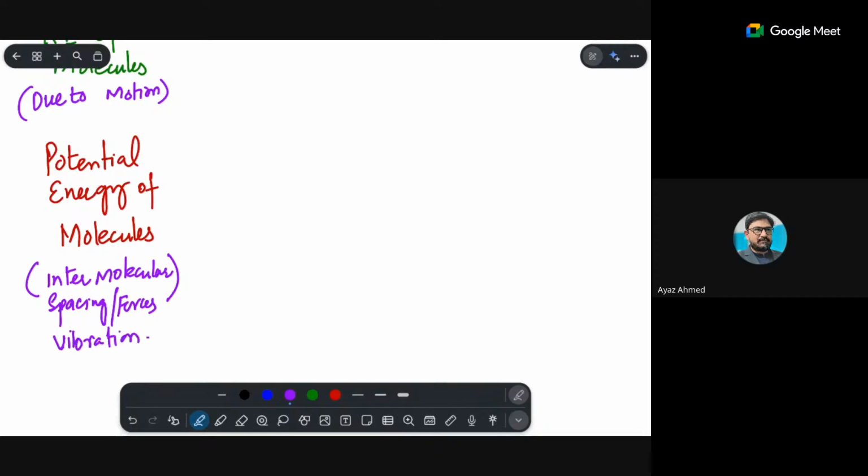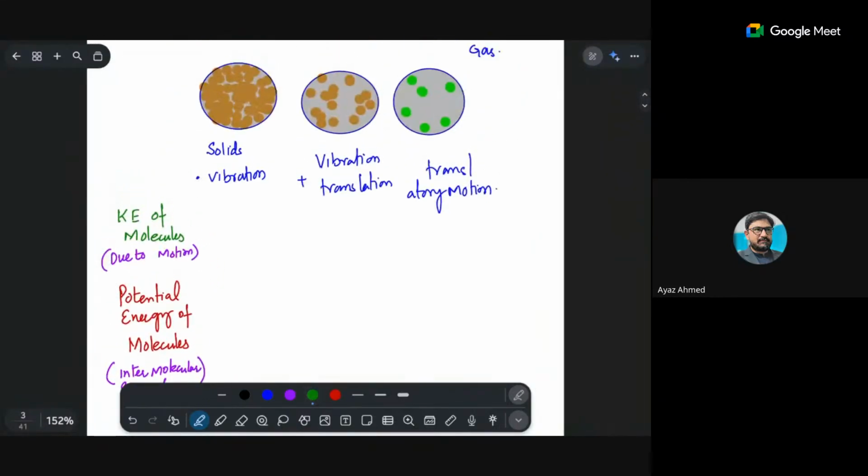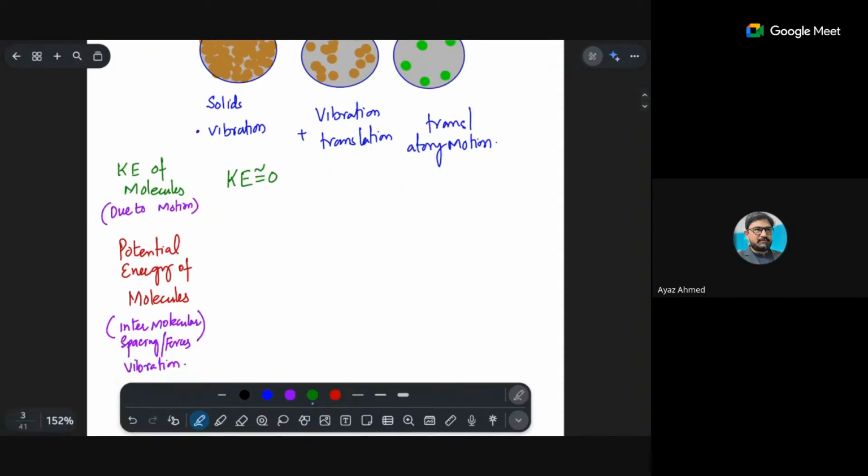So when I talk about solids, they have almost zero kinetic energy, but their potential energy is the total energy. Their total energy is equal to their molecular potential energy.